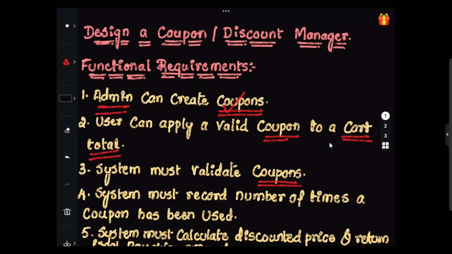The system must record the number of times a particular coupon has been used. The final one is that the system must calculate the discounted price and return the final payable amount. These are the functional requirements.